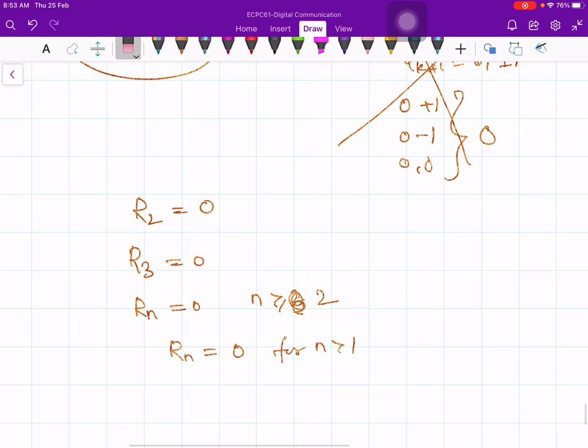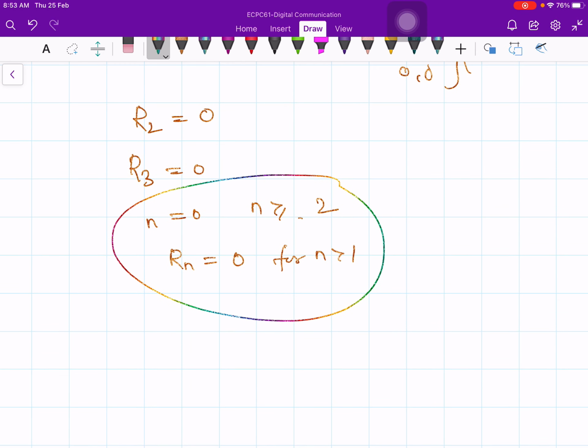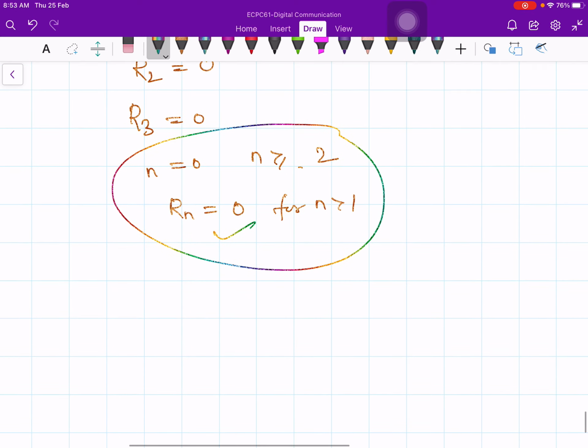You can write it whichever way. That's it. Okay, I think you can do this. This is also pretty straightforward. By the similar argument you can calculate. Therefore, R0 is equal to 1 by 2 and R1 is equal to 1 by 4 and R2 is equal to R3 is equal to ... is equal to 0.